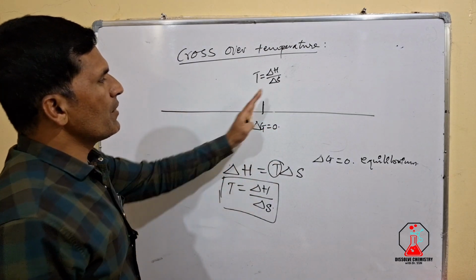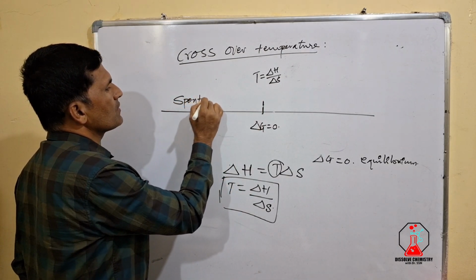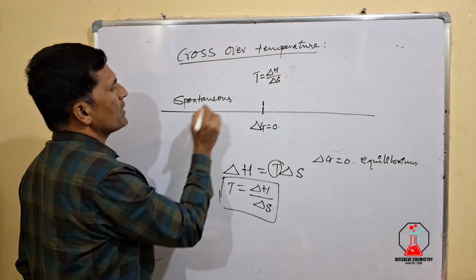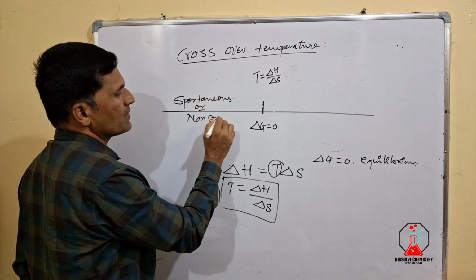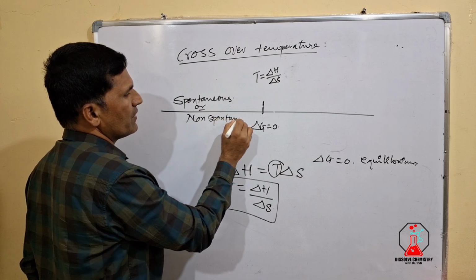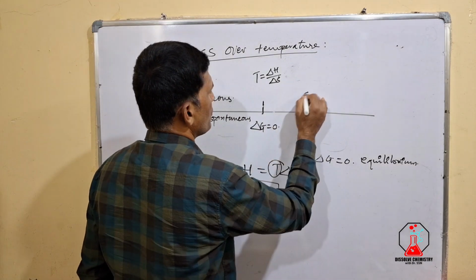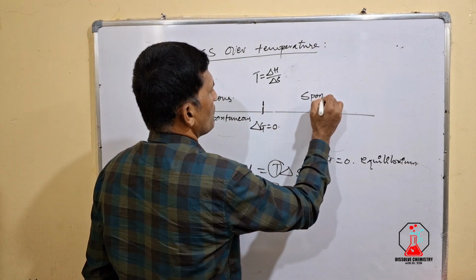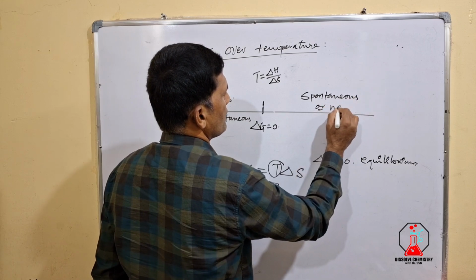Beyond this, on one side it may be spontaneous or non-spontaneous. We don't know that yet, we will see the conditions very soon. On the other side too, it is either spontaneous or non-spontaneous.